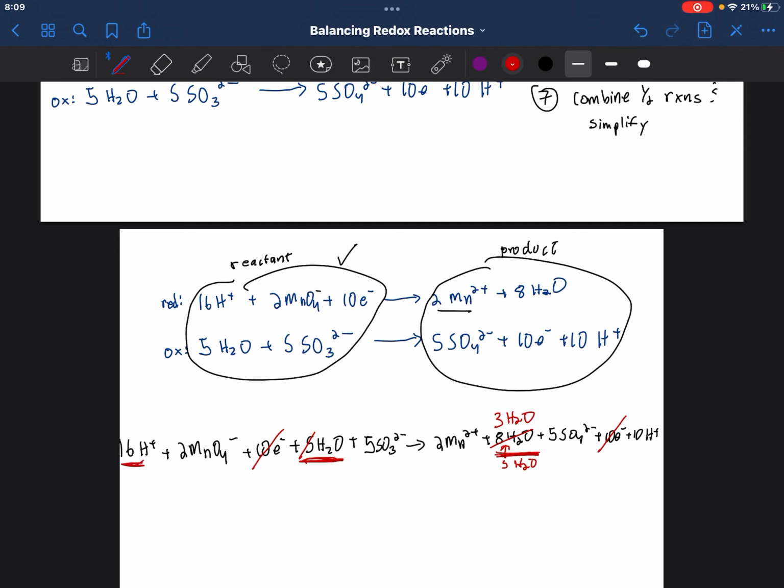Similarly, I have 16 protons here, 10 protons here. So 10 of these protons start in the reactants, end up in the products. So net, the difference is 6H+.